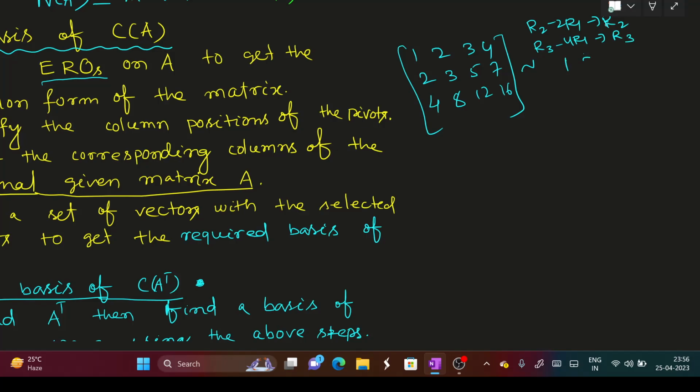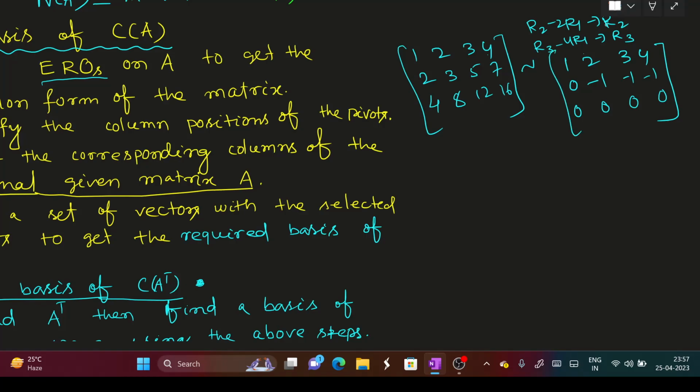What will we get? 1, 2, 3, 4; then 0, minus 1, minus 1, minus 1; and the last row is 0, 0, 0, 0.